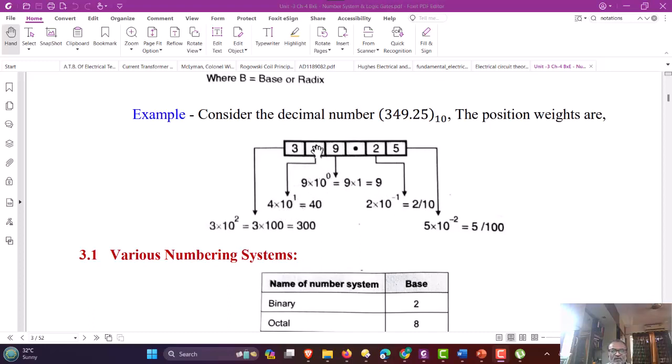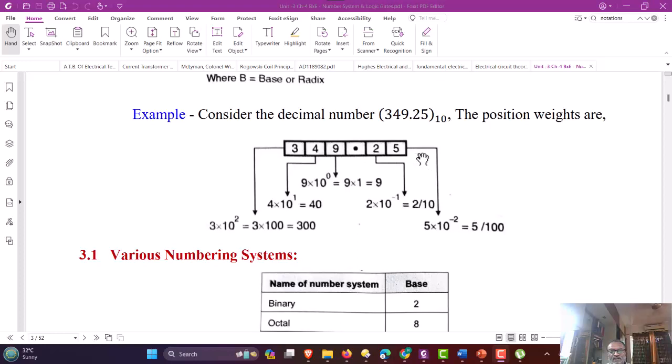So the total weight of the second position is 4 into 10 raised to 1, that is 40. The third digit is 3 and the position weight is 10 raised to power 2, that is 100. So 3 into 100 is 300. Therefore, the total weight of this digit 3 is 300. Add all the weights, 300 plus 40 plus 9, that becomes 349.